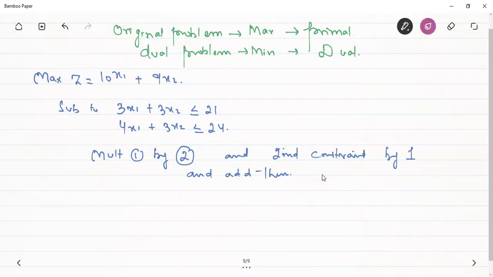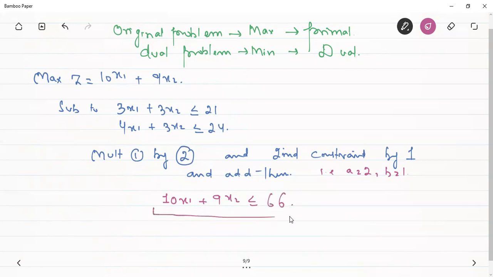That is, here a is equal to 2, b is equal to 1. After multiplying the first by 2, we get 6x1 plus 6x2. And the second by 1, that is 4x1 plus 3x2. After their addition, that will be equal to 10x1 plus (6 plus 3), that is 9x2. And on the right hand side, 21 into 2 is 42 plus 24, that is equal to 66.